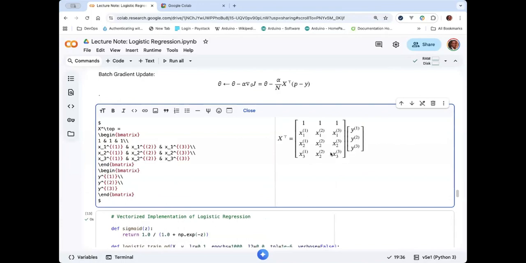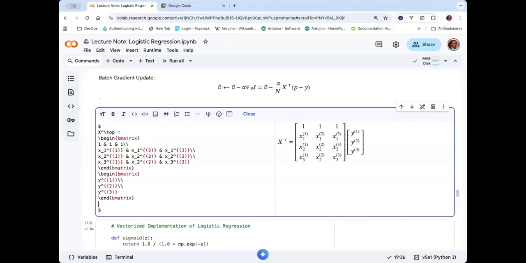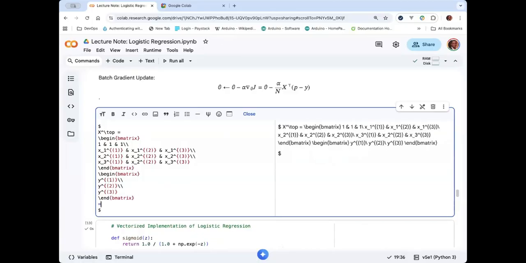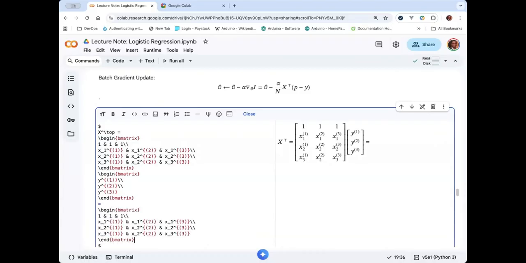So you can see you multiply this, right? And what you get, let's do that, is another big matrix, which is basically taking each of the y's and multiplying.